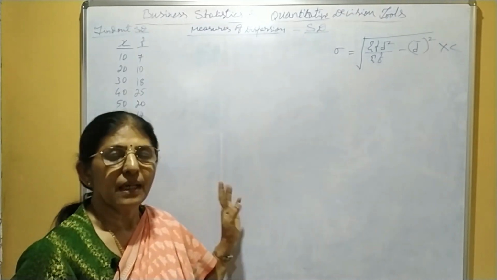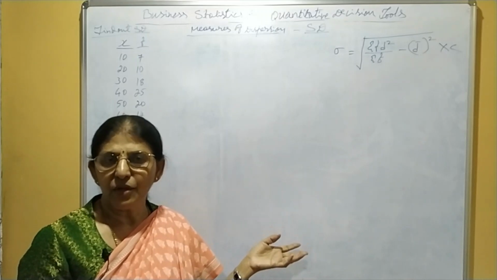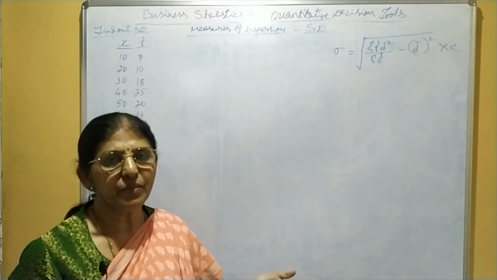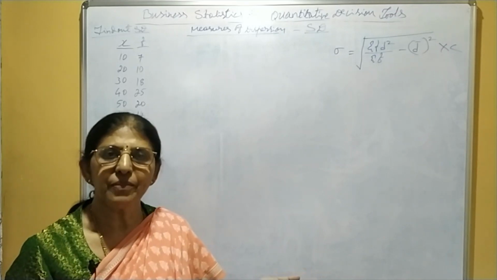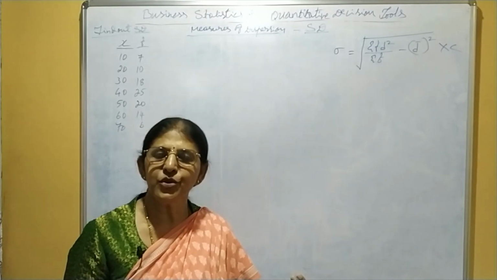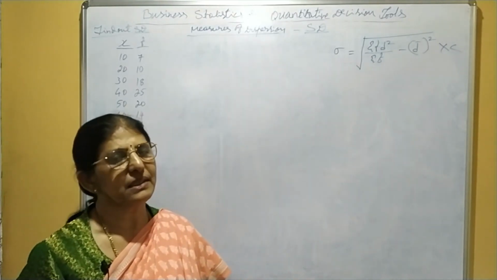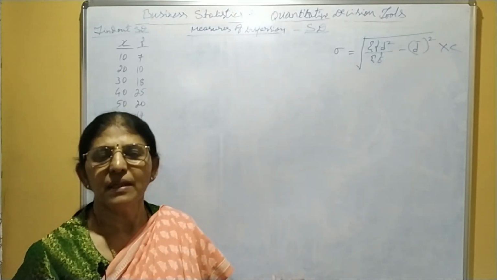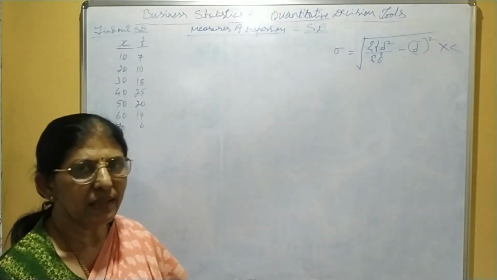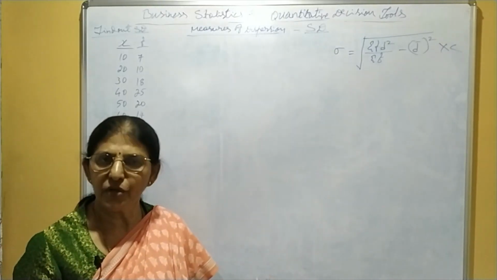Under data not classified or ungrouped data, I have already told you, deviation may be taken from actual mean or assumed mean. There, if actual mean is of round figure, then it is convenient to take a deviation from actual mean. If it is fractional value, then it is better to take from assumed mean.